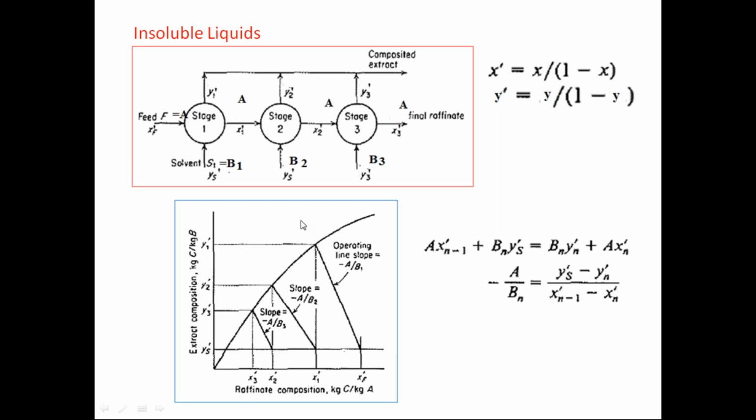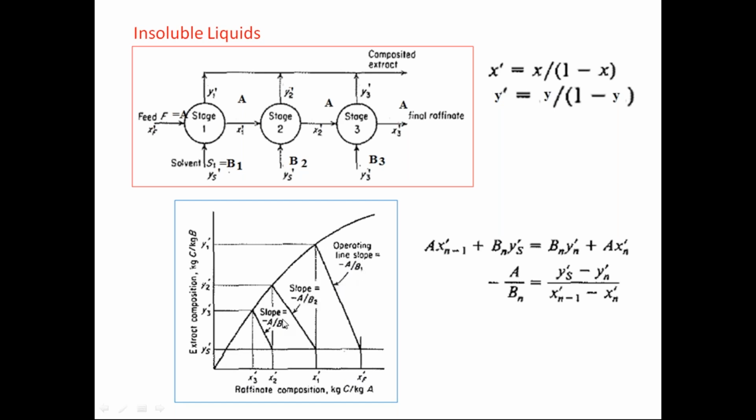Okay, so like that you can find out the number of stages required for getting X3, because it is being removed from Xm prime to X3 prime. So you can see how many stages are required.